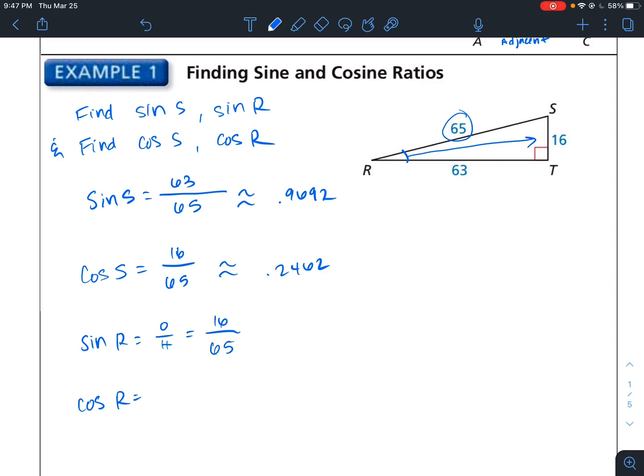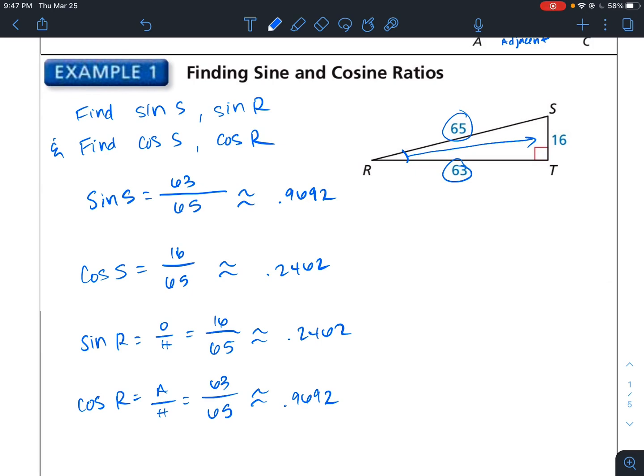Cosine is the adjacent side over the hypotenuse, and the adjacent side to angle R is 63, over 65. So sine of R would be equal to 0.2462, and cosine of R would be equal to 0.9692.